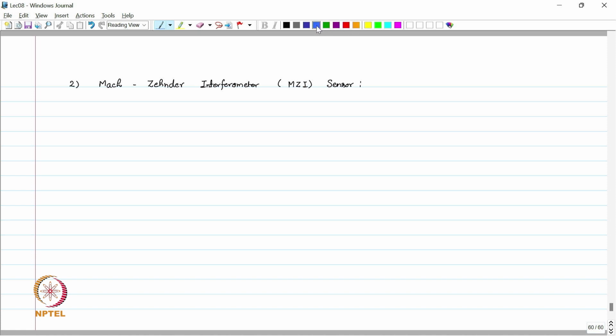These are commonly used in diverse sensing applications because of their flexible configuration.